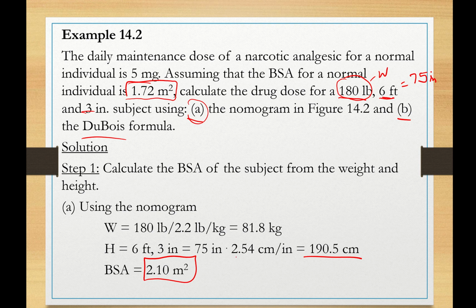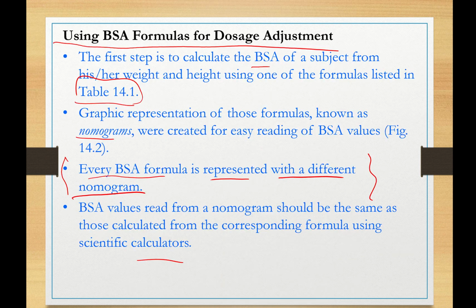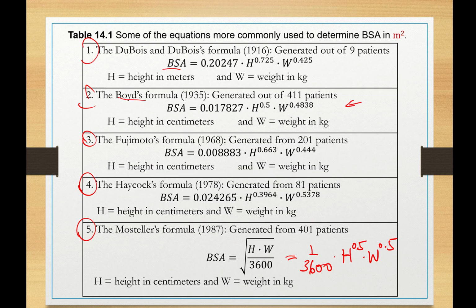So 75 inches times 2.54 centimeters per inch is 190.5 centimeters, which is 1.905 meters. Because, going back to the table again, here it says height in meters and weight in kilograms, okay?